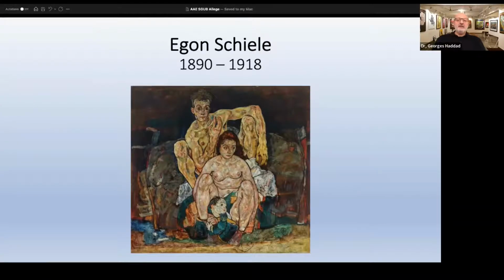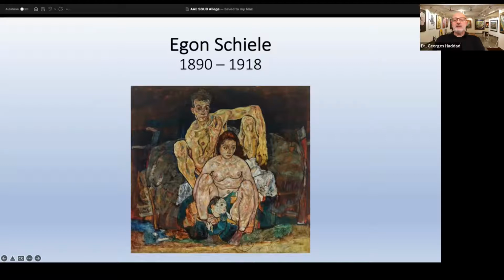Egon Schiele was a Viennese painter, and he painted himself here with his wife, Edith Harms, and their unborn child. At the time, she was 6 months pregnant, and he envisioned his future like this: the father, the mother, and the child.